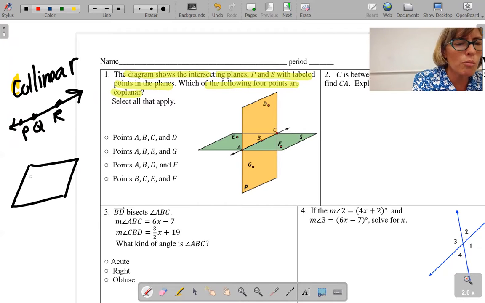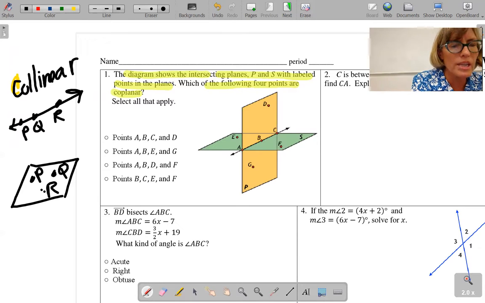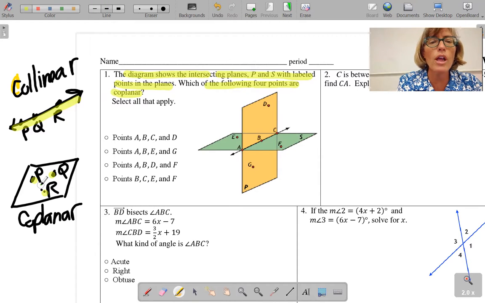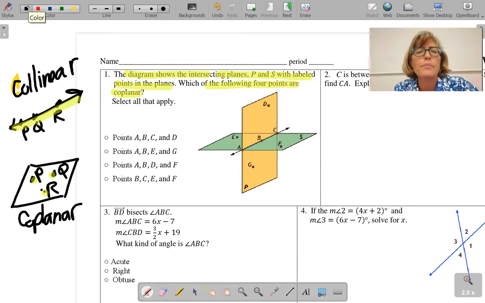And then coplanar, P, Q, R would be coplanar, on the same plane. So here P, Q, R are collinear, here P, Q and R are coplanar, so coplanar on a plane.